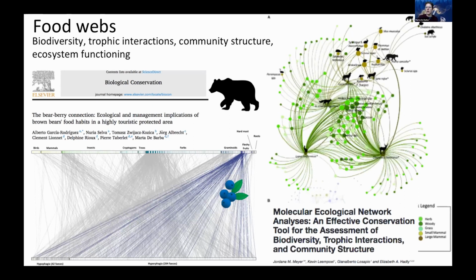complex food webs, like this one, for example, that was constructed using eDNA metabarcoding diet data for 2 carnivores, 2 omnivores, and 2 herbivores. And you can see how with something like this, we can start to have more insights into the community structure.